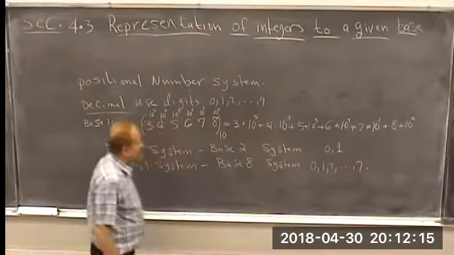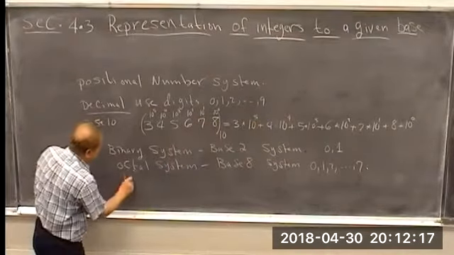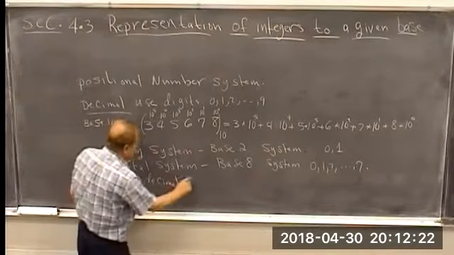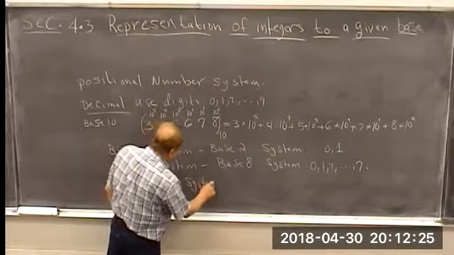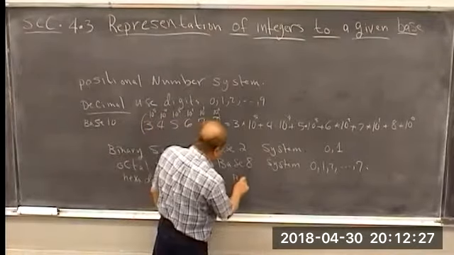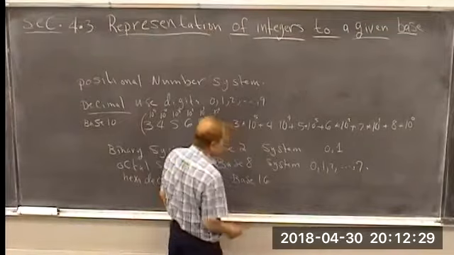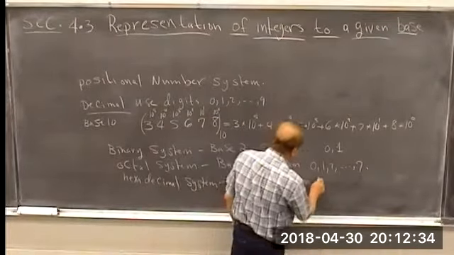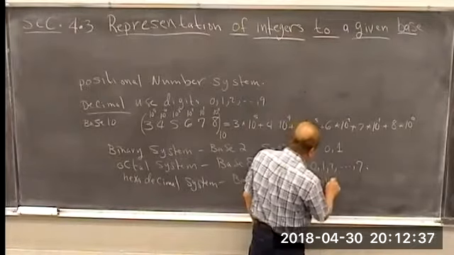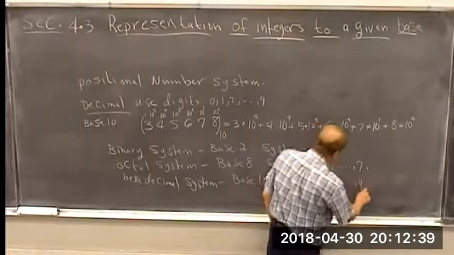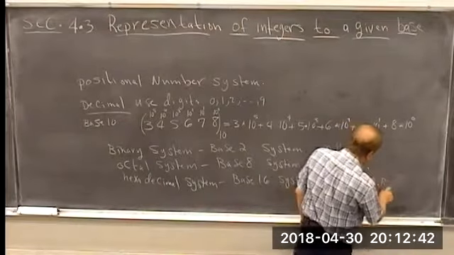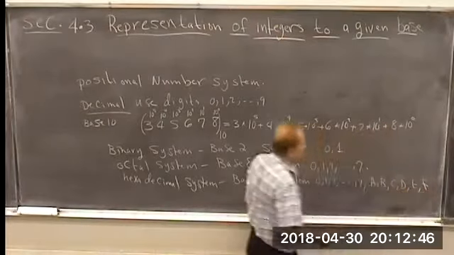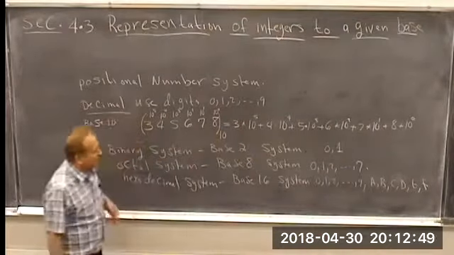And then we have the hexadecimal system, which is base 16. This one uses all the digits that we are familiar with, and also A, B, C, D, E, F. There is a total of 16 of these.